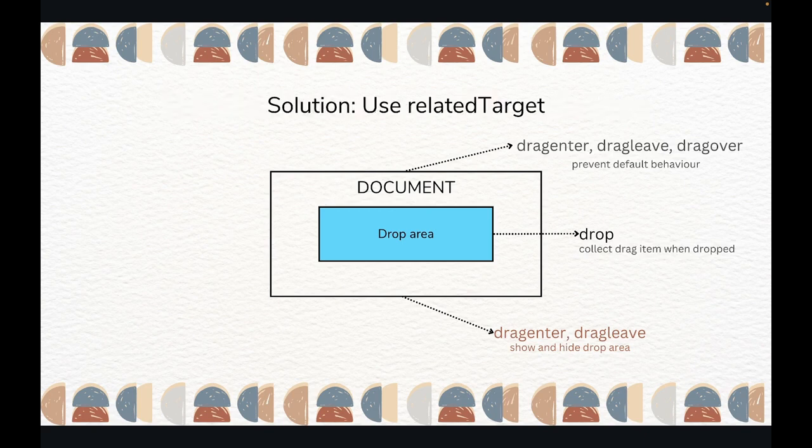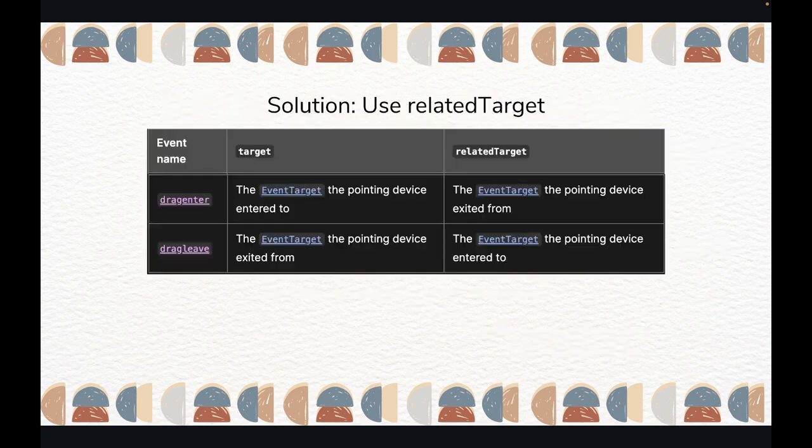So there is this property called related target on some events like drag and mouse events, which tells more information about a particular event. So for drag enter, the target tells you where the device is entering to.